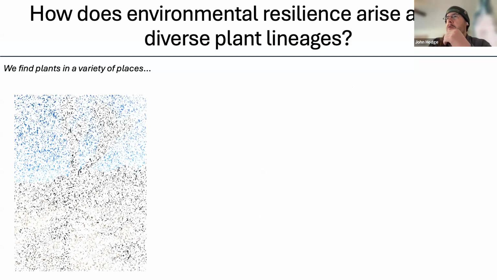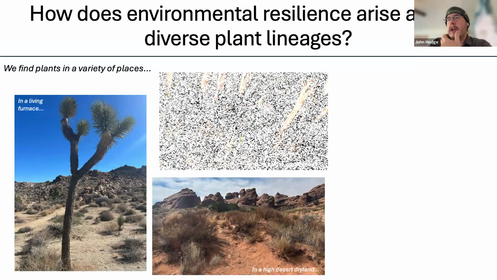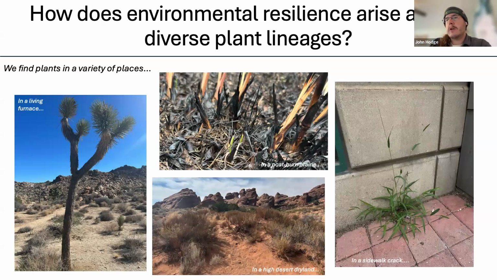If we were to walk through a number of different ecosystems, we could have an environment that's kind of a blast furnace. We could have another environment where it's incredibly dry. We could be in a mesic Midwestern prairie that had just burned, or we could be on a sidewalk near you. Across all these different habitats, we're going to see a variety of plants occupying these niches.